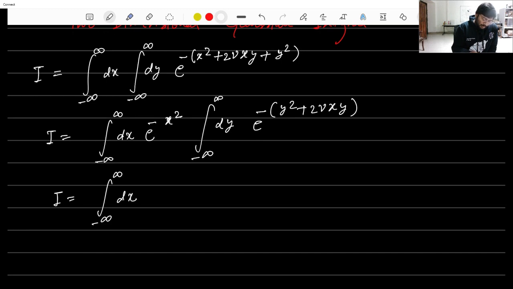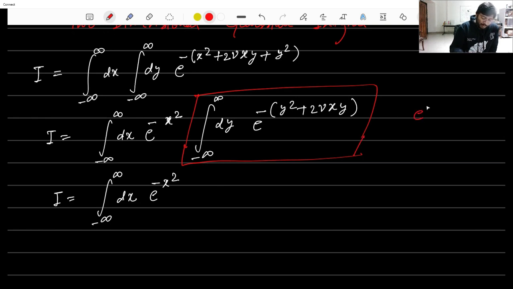This remains the same as it is, and we make it a perfect square. You can make it a perfect square and do the integration, or you can use the previous shifted Gaussian integration formula to write the value of this integral. If you compare it with e to the power minus x square plus bx, its integration is e to the power b square by 4a root pi by a.